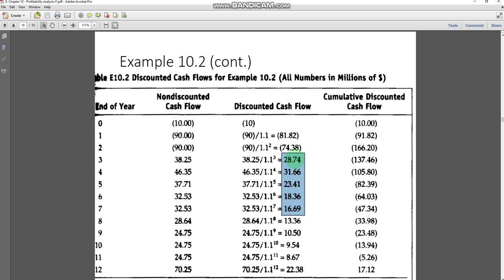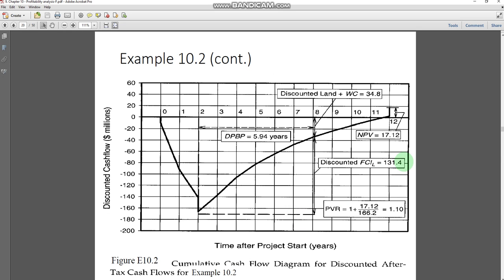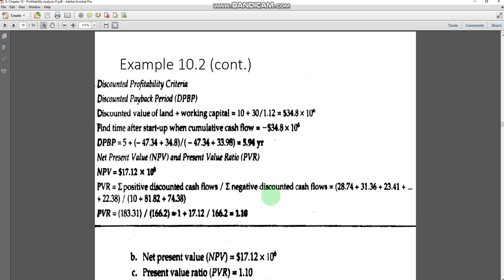If you add these numbers for the 5 years, you get $118 million, and if you add the value for this year, it goes to $132 million. So you have to interpolate the result to get the value for the $131.4 million, the fixed capital investment back from the project.